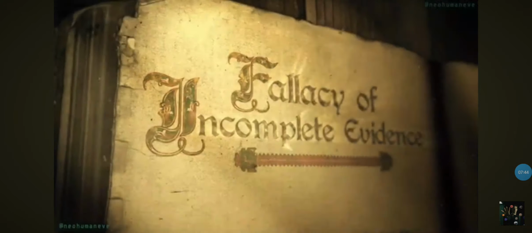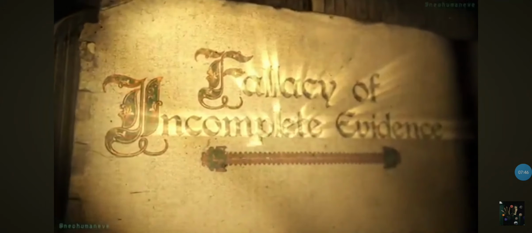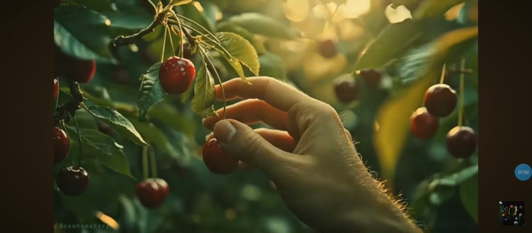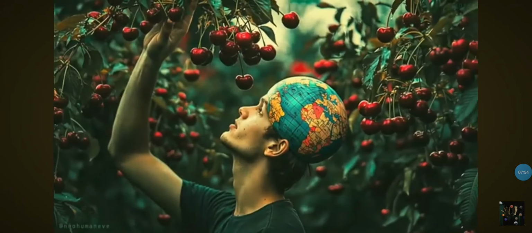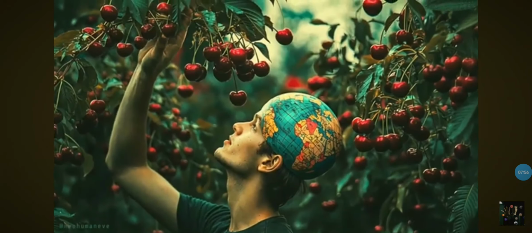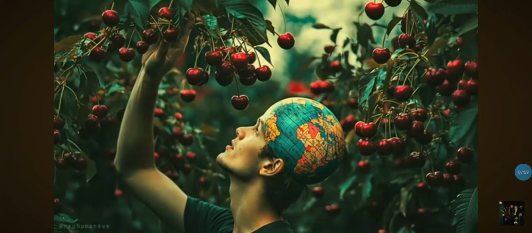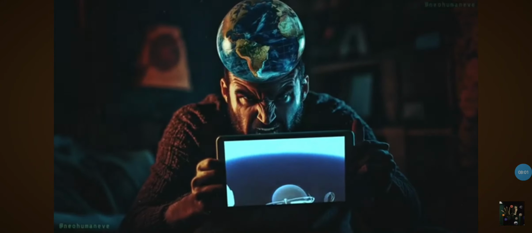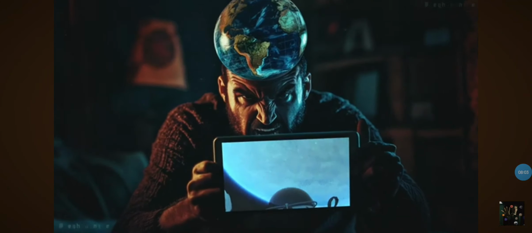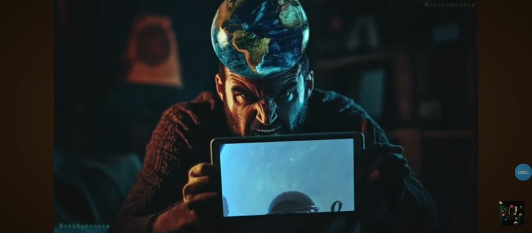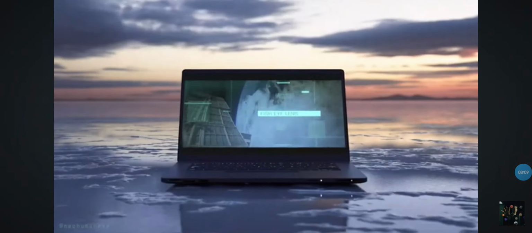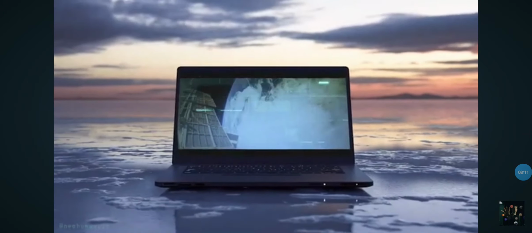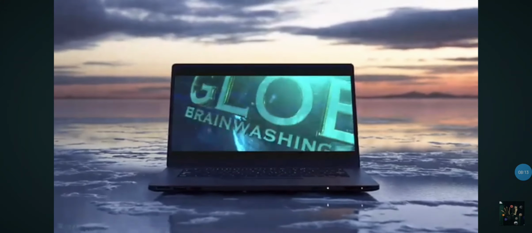Number 9. The fallacy of incomplete evidence. This fallacy, also known as cherry picking, occurs when only select pieces of evidence that support a particular conclusion are highlighted, while ignoring other evidence that contradicts it. For example, globe defenders might present high-altitude videos showing a curving horizon as undeniable proof of a globular Earth. However, these videos are often filmed using fisheye lenses or are complete CGI fabrications.